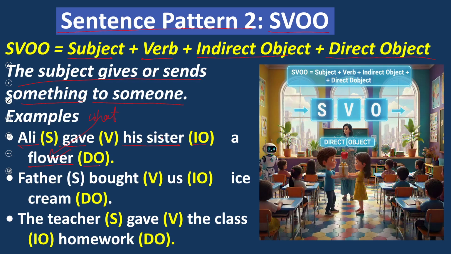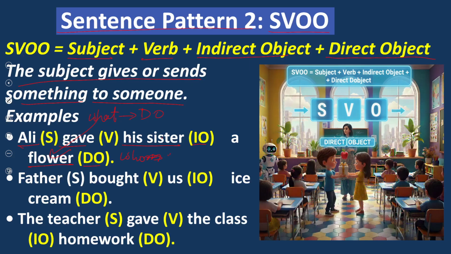So it is the direct object. Now, to whom? I have already told you the word which is the answer of what will be the direct object, and the answer of to whom will be the indirect object.